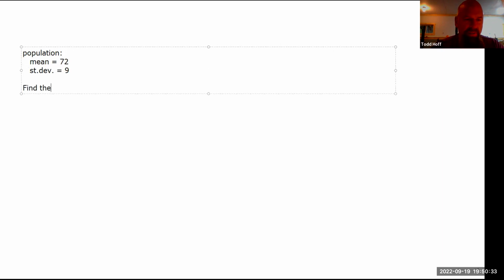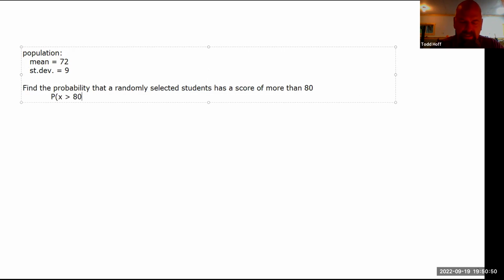Let's find the probability that a randomly selected student has a score of more than 80. So this is just a single value. This is the probability that X is greater than 80.